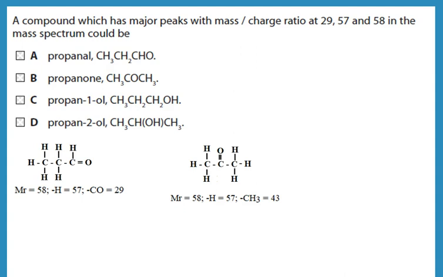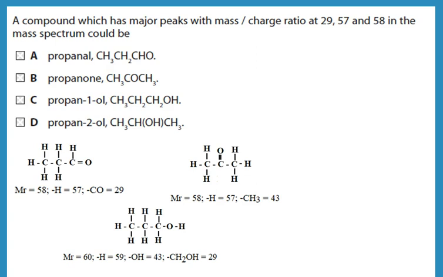If I look at propan-1-ol, propan-1-ol is drawn like this. 3 carbons with an OH, and H's are around. So the molecular mass of that is 60. Again, if you look at the different fragments that it could form, there is no way that it will give 58.